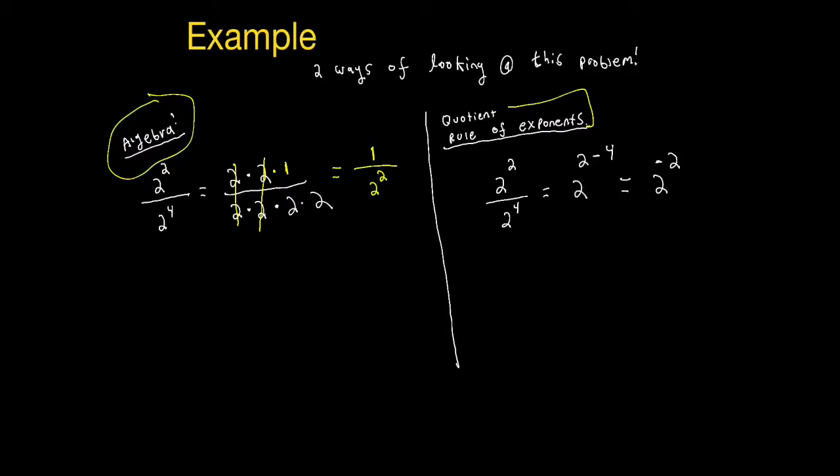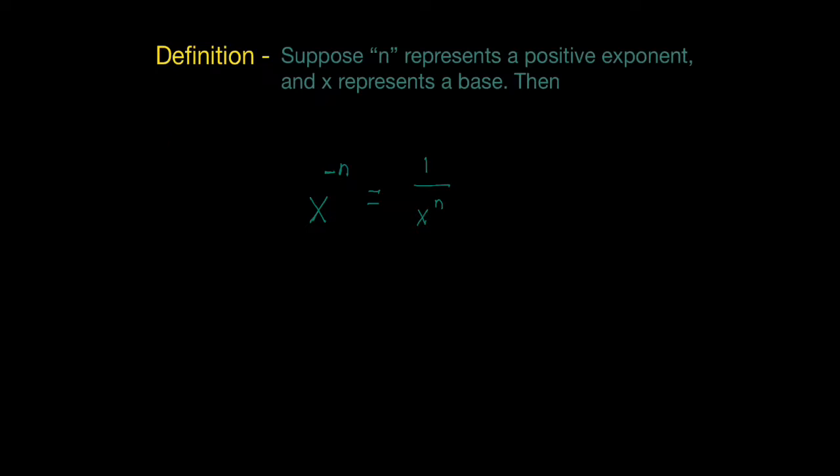And that's exactly what we do. We say that 1 over 2 to the second power is equivalent to 2 to the negative second power. And from this observation, we're going to develop a definition. So here's the definition. Suppose n represents a positive exponent and x represents a base.